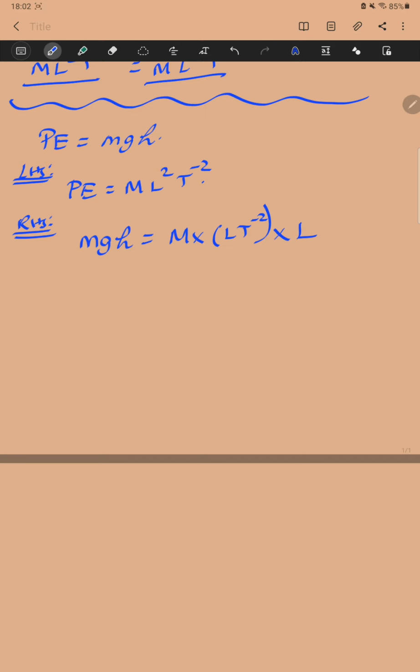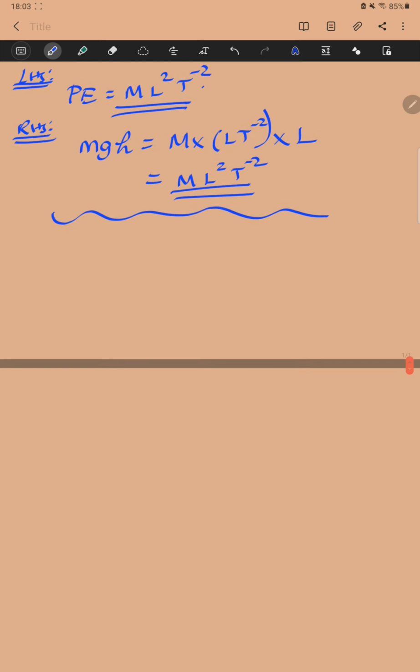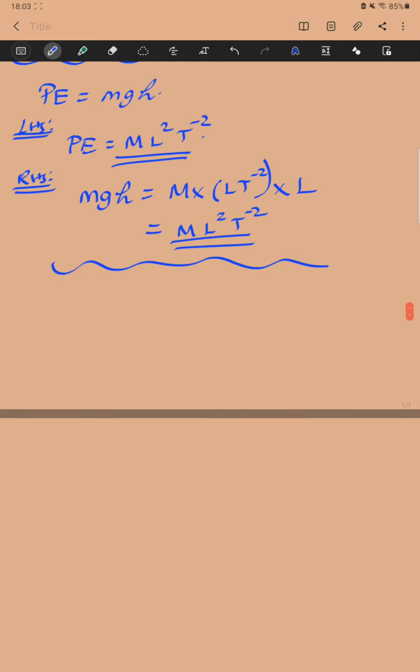So, if I write it, M L square t power minus 2, because L times L becomes L square. So M L square t power minus 2. So the left hand side equals the right hand side. So we can say that the potential energy equation is dimensionally homogeneous, or that it is true.